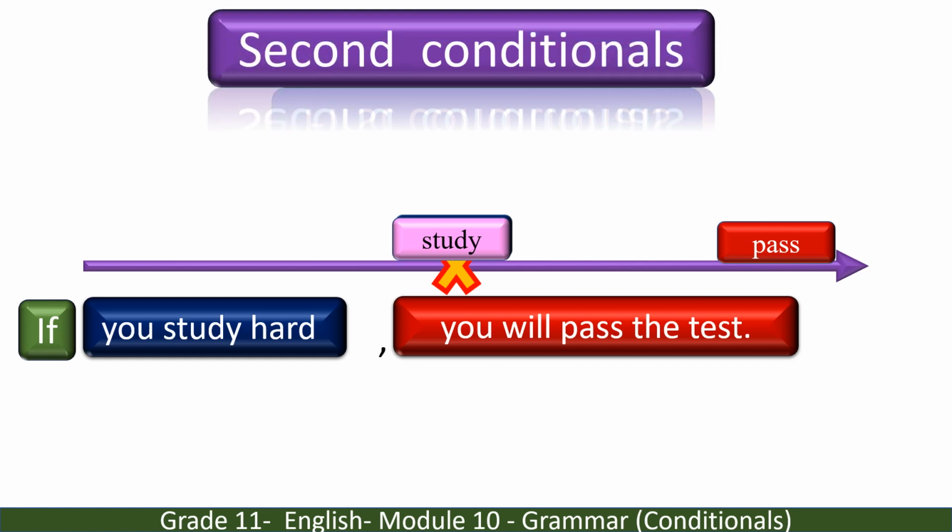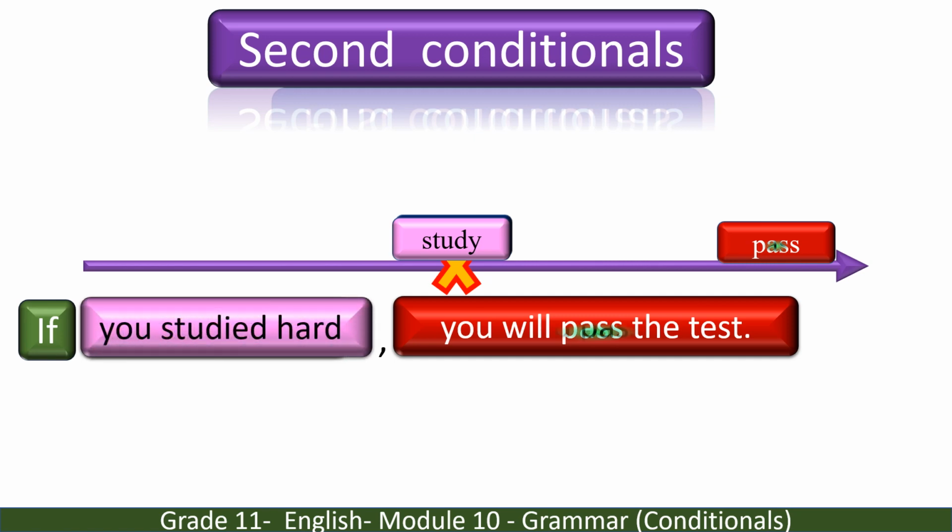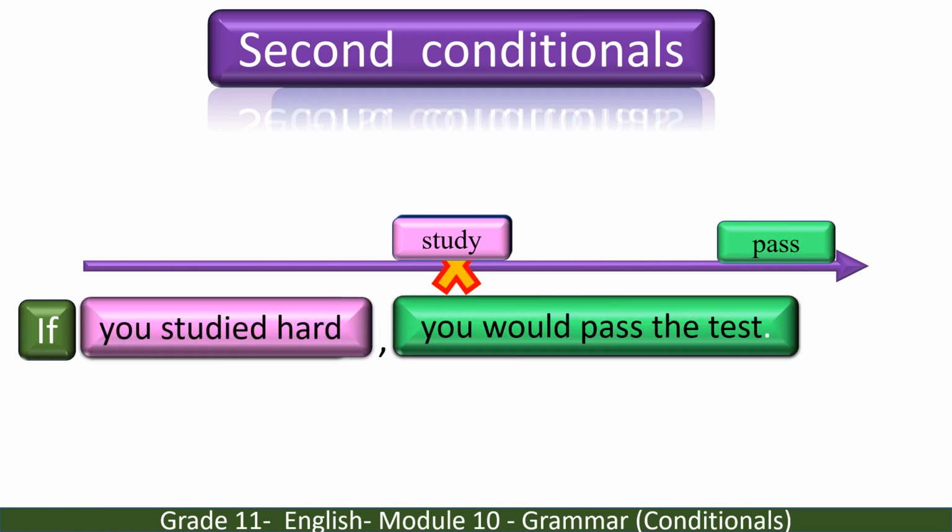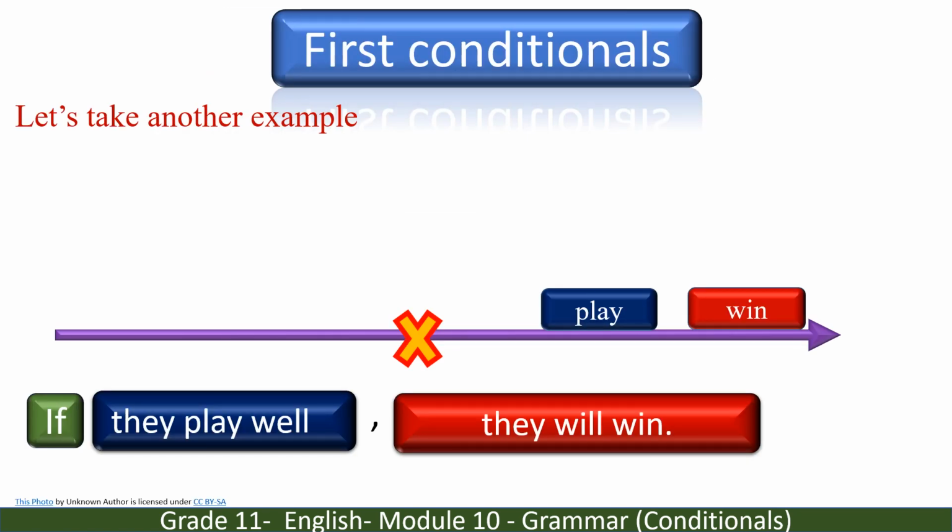And the teacher says, if you studied hard, you would pass the test. So we use second conditionals to express situations which are unlikely to happen, as in this example, or situations that are unreal or imaginary.